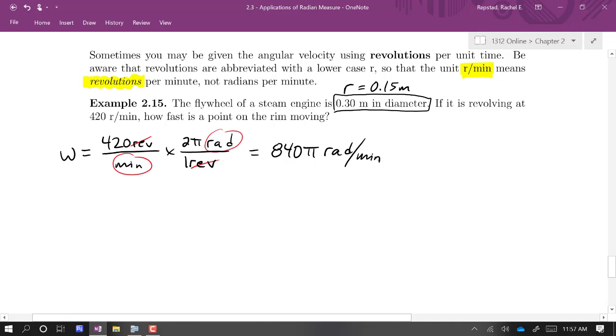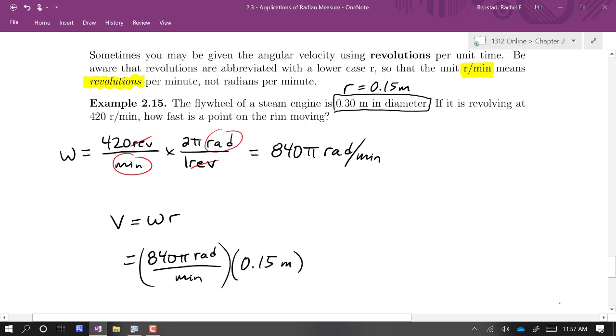There's our omega that we're going to use. So V is equal to omega r. This is 840 pi radians per minute times the radius, which is 0.15 meters.